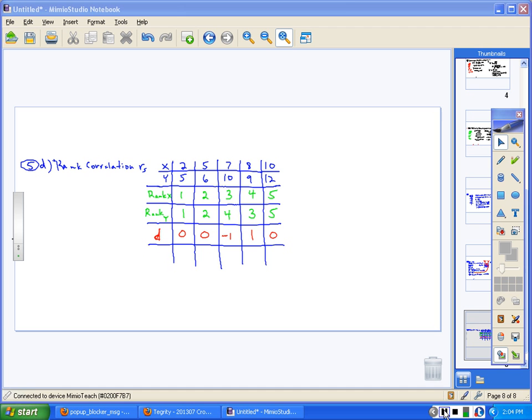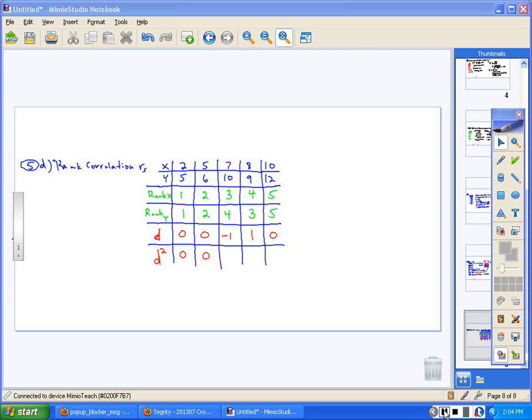One more line here. The last line is D squared. So you take each of the differences and square them. So you get a 0, another 0. Negative 1 squared is positive 1. I get a lot of students who put negative 1 here, but if you put it in your calculator, put parentheses around the negative 1 and then square it.